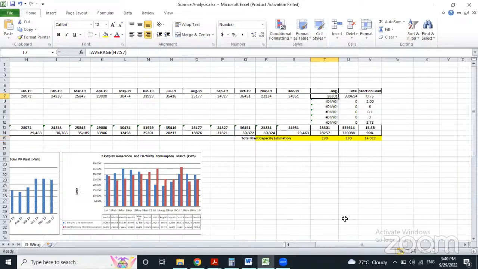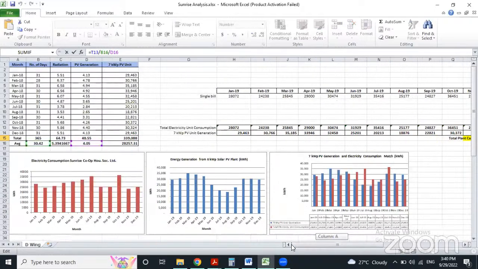Once you have 28,301 as the average monthly consumption, just do the simple calculation that we did, divide it by 30. I have made a simple formula. Take the average value 28,301 and divide it by B16.